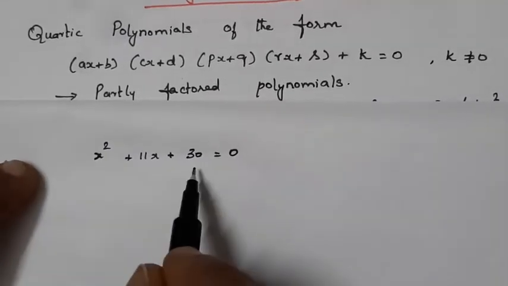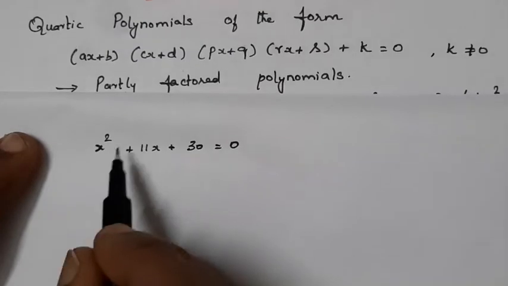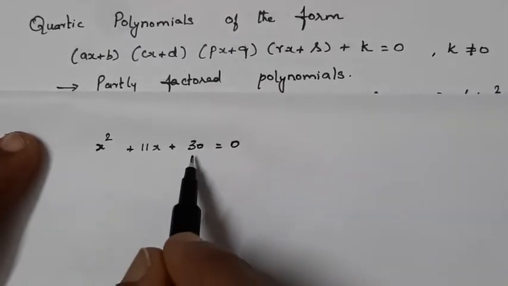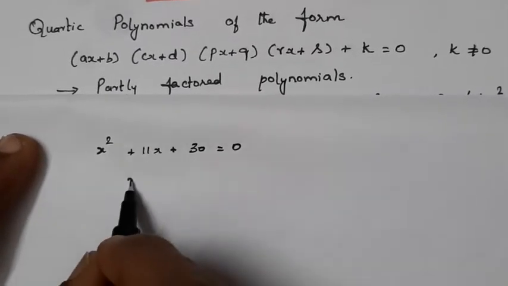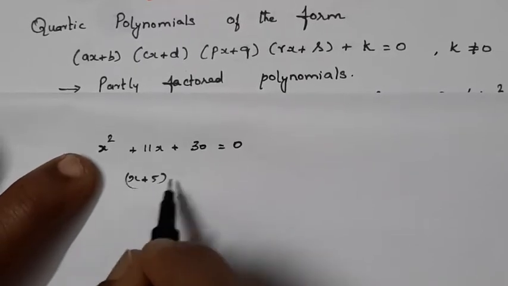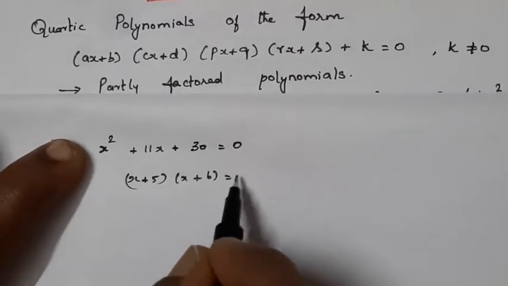You know that this quadratic equation can be factorized. What are the factors? 5 and 6, right? So it can be factorized as (x + 5)(x + 6) = 0.